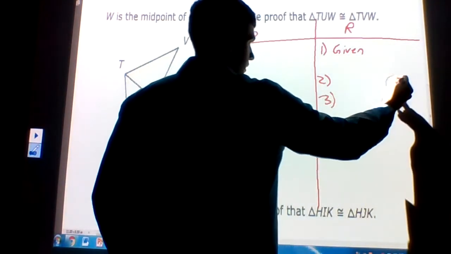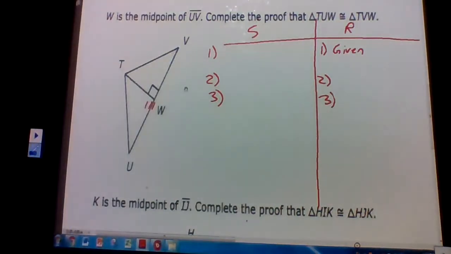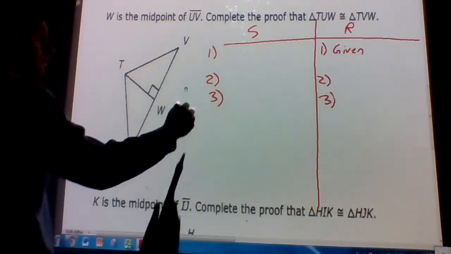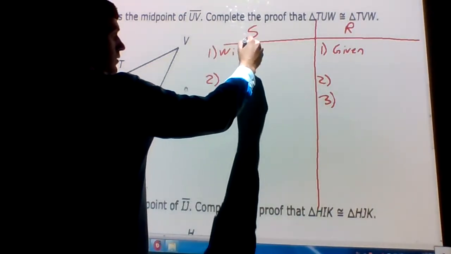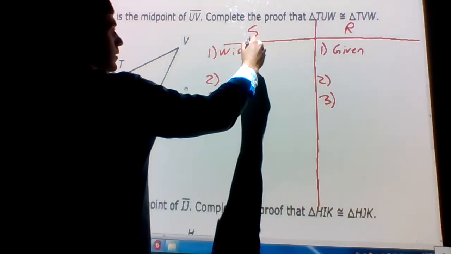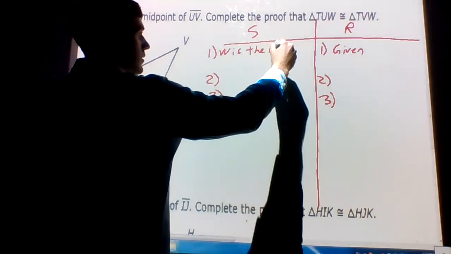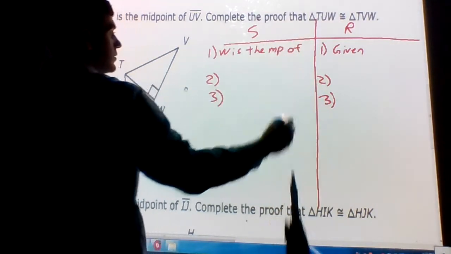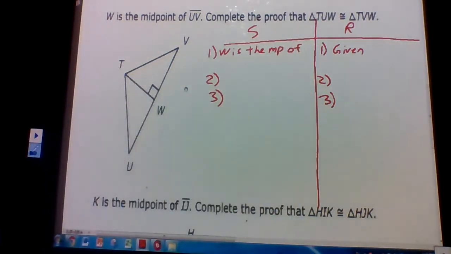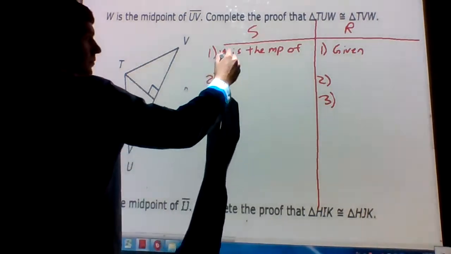So first step is you're given. Okay, we're given that W is the midpoint of UV.